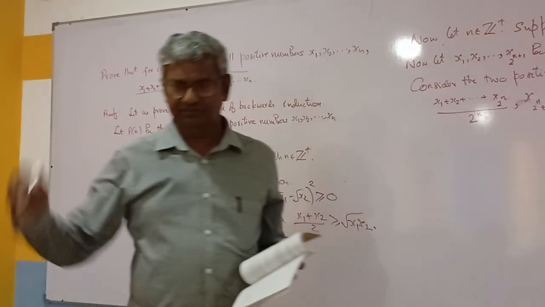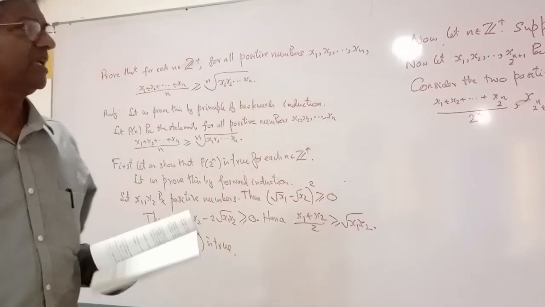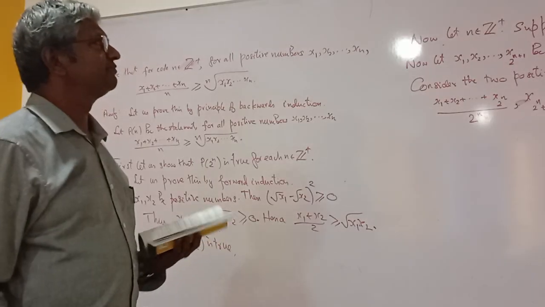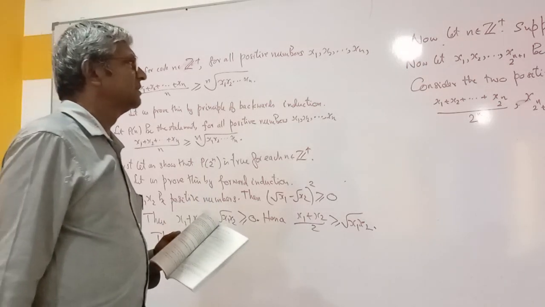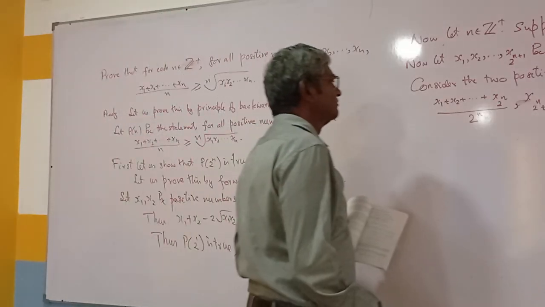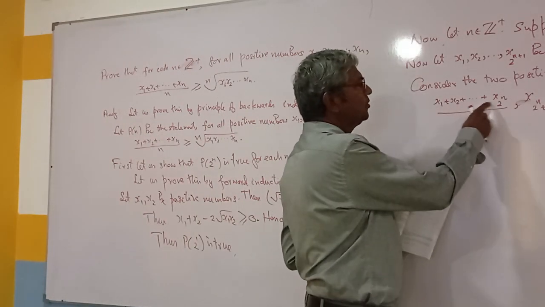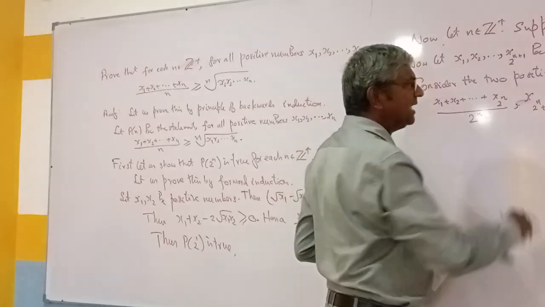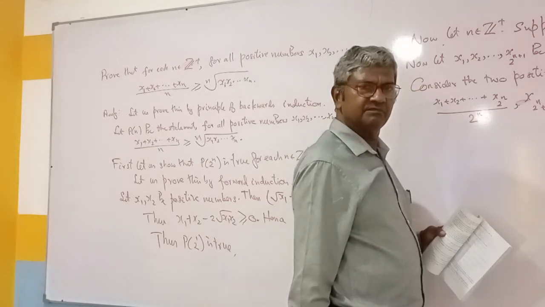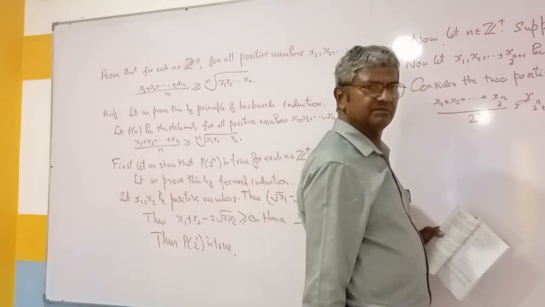I have taken two numbers. There are 2 to the n positive numbers here. Also there are 2 to the n positive numbers here. Same.